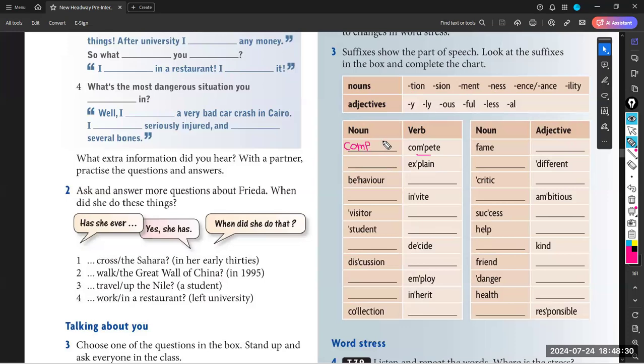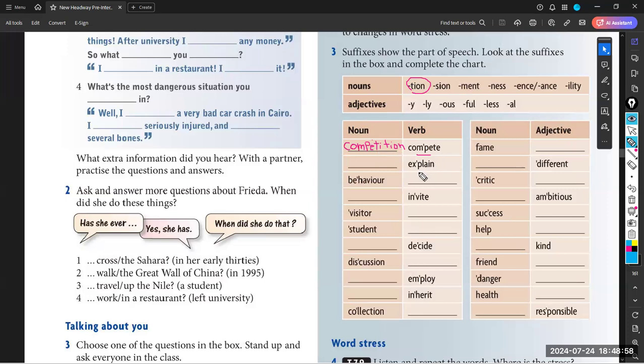So compete as a verb, the noun is competition. Compete, T-I-O-N. Competition. So this is it. Let me change the color. Okay, so compete as a verb, competition as a noun.